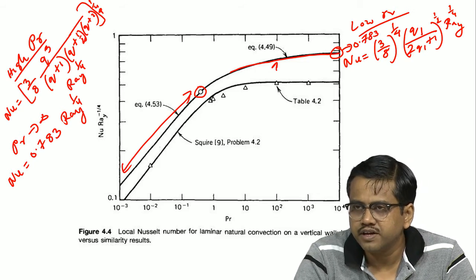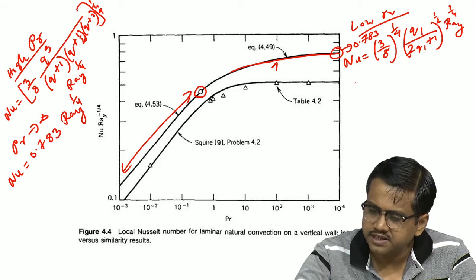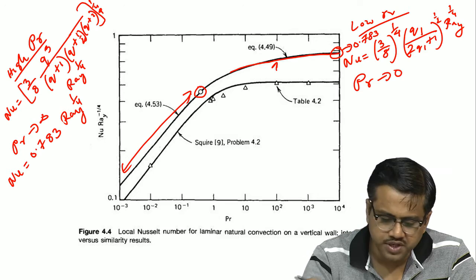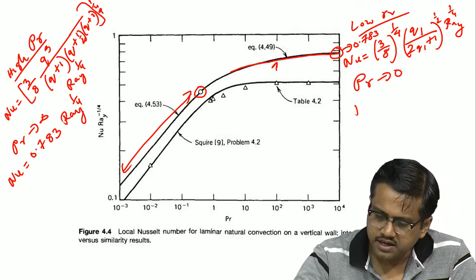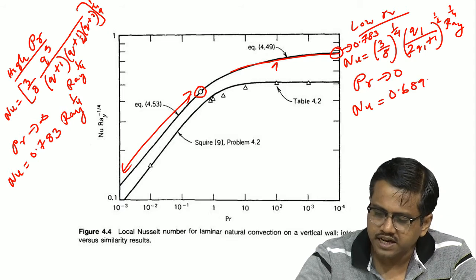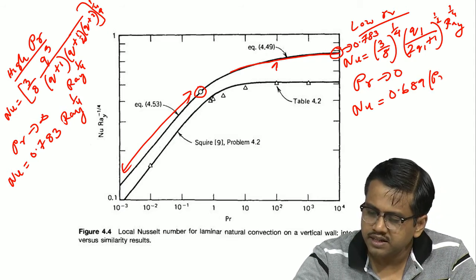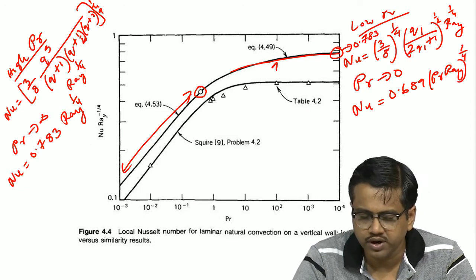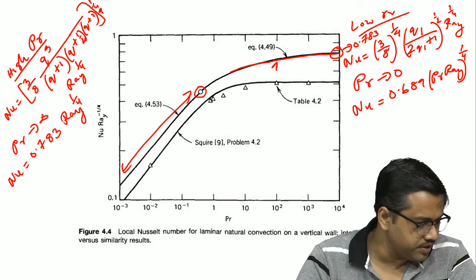On the other hand, when Prandtl number goes to 0, the Nusselt number becomes 0.689 into Prandtl number Rayleigh number to the power of 1/4. That is the lower bound of this particular graph.